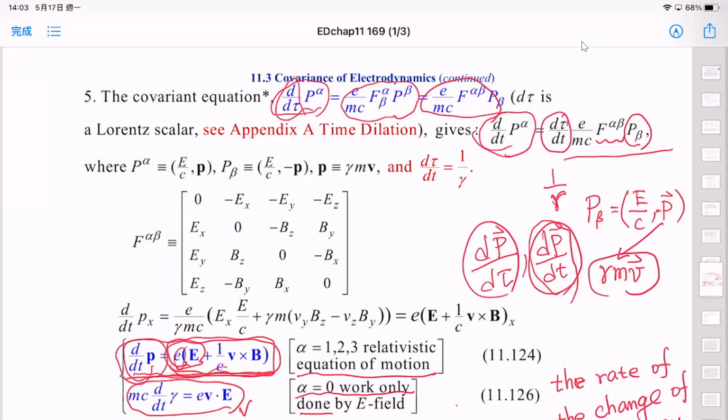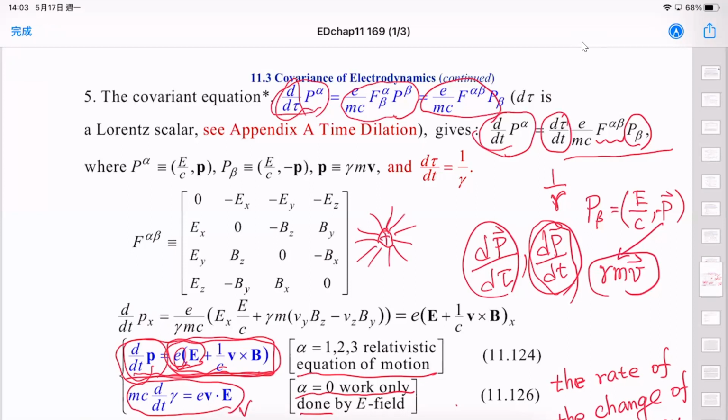Just imagine we have a charge here, and it has 10 flux lines. The flux is associated with the positively charged particle.